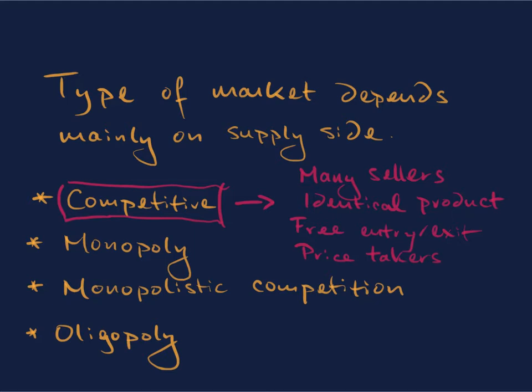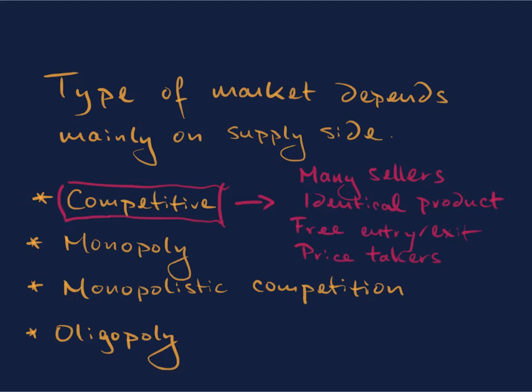Together, these two things imply that all firms will be price takers. In other words, the sellers do not have the ability to set the price on their own, and they must simply accept whatever price the market is offering. Think of a road that has a line of gas stations, one after the next along it.